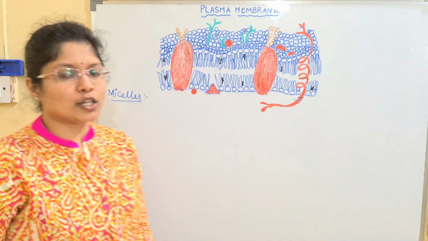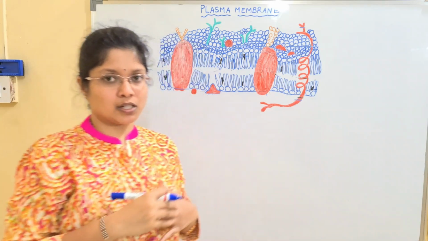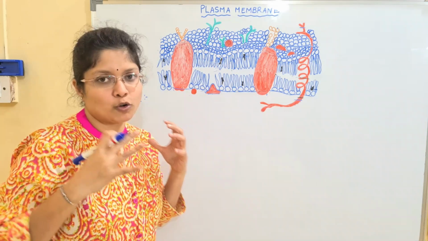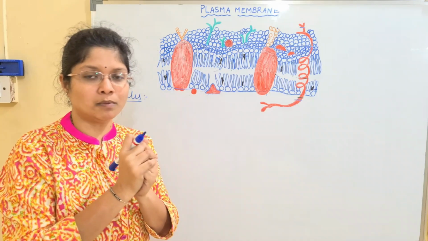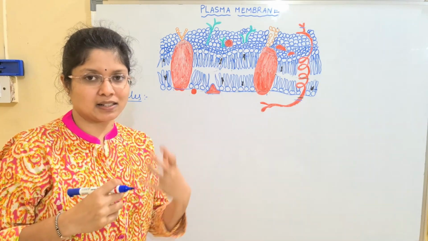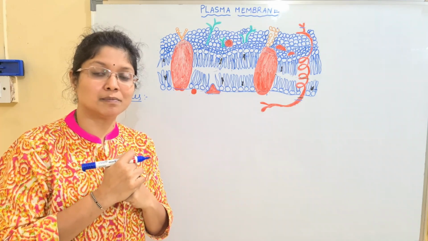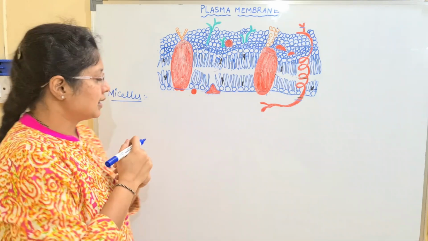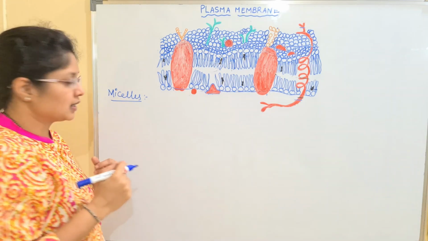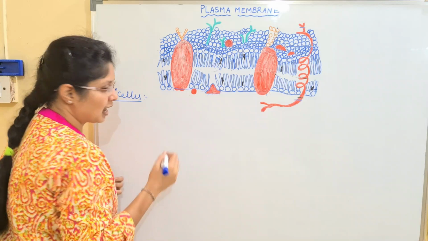Okay. The lipid molecules are self-forming structures. If you place a certain amount of lipids inside the water, they generally tend to form special spherical structures, which are said to be the micelles. So how are they forming these bilayers? These molecules, when they are placed inside water, have two regions.